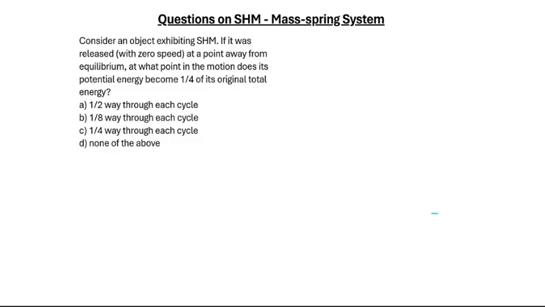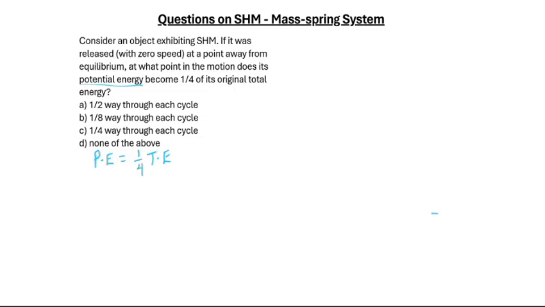Okay, now the question says, if it was released with zero velocity at a point away from equilibrium, at what point in the motion does its potential energy become 1/4 of its original total energy? Now here, the potential energy is the one that is 1/4 of total energy.